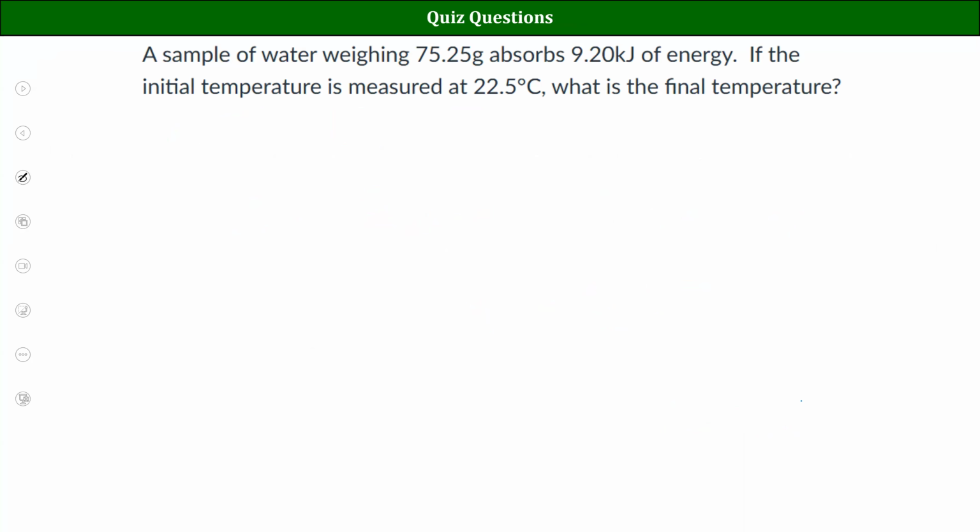Let's do the simpler one that everybody wanted to ask about. Water absorbs 9.20 kilojoules of energy. The initial temperature is 22.5.